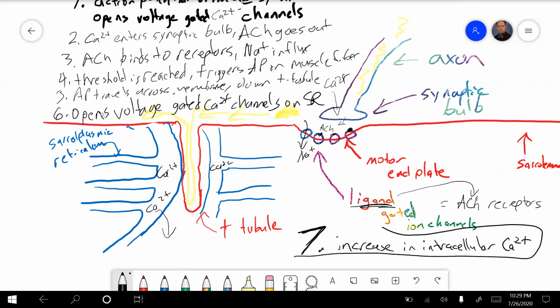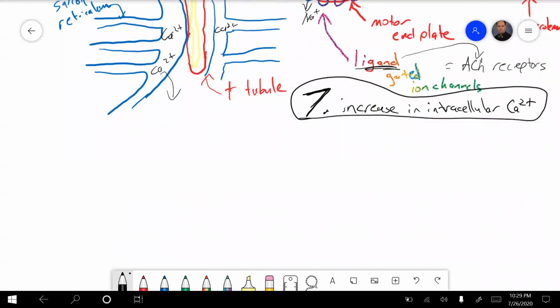That is why all this happened. We went through all these steps, all this opening of channels and neurotransmitters and action potentials just to get that, to get the increase in intracellular calcium. That increase in intracellular calcium is your final trigger for contraction.